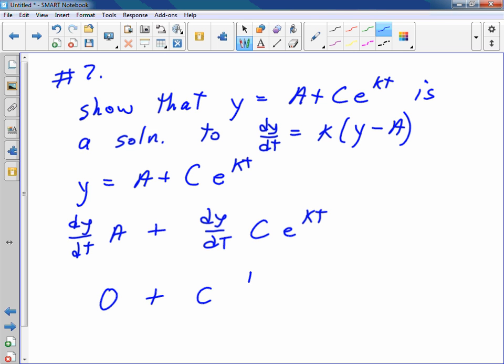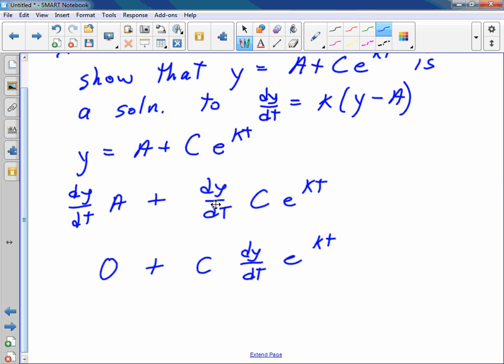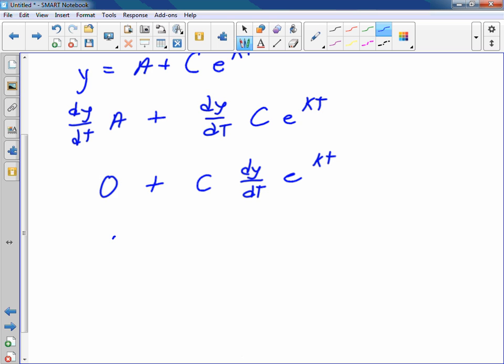Yes, you can do that. The reason I would do that, and I know this seems like an oversimplification, is that then you're only focusing on what's really important here. C is not really important. It's a scalar multiplier, but who cares? Okay, 0 plus C times.